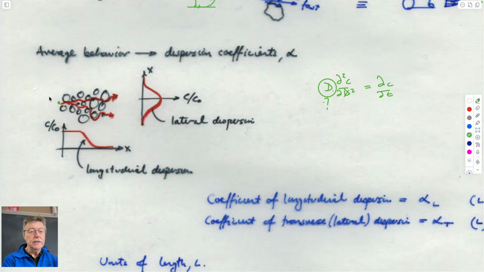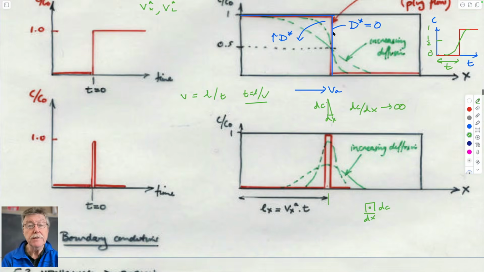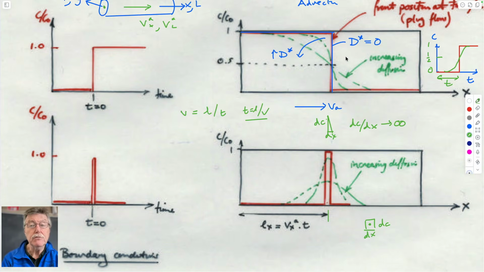And if we look at the upstream section and the downstream section, this would be the change. If we looked at the profile along its flow path, then this would be the change. This looks exactly like this behavior, and we've said that this equivalent diffusion coefficient or dispersion coefficient is a measure of this flattening out of the curve.